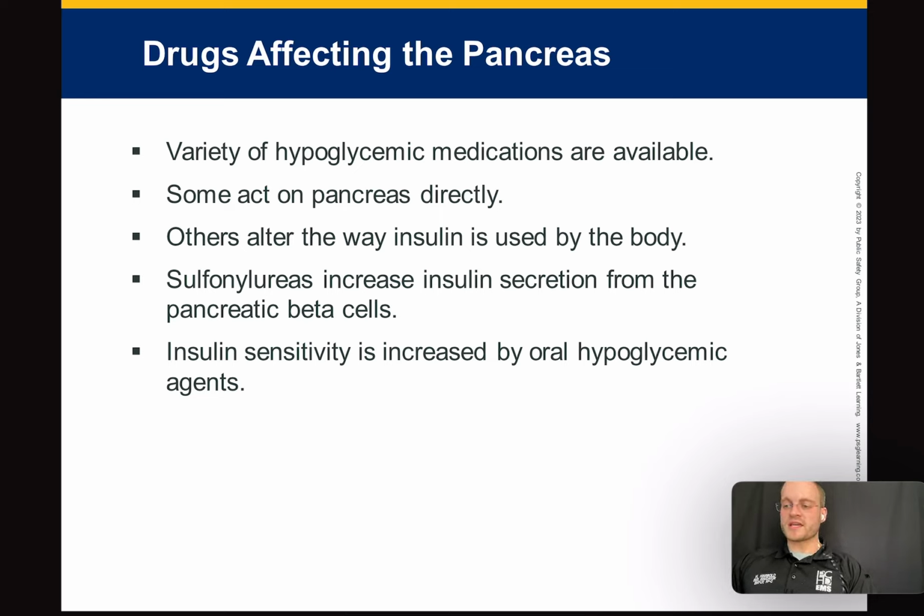That's probably an example that's pretty common. Okay, sulfonylureas, that's an even better example. Sulfonylureas are a prescription drug that people take by mouth, and basically what it does is it tells the beta cells in the pancreas, remember, beta cells produce insulin, to release more insulin, release it quicker, faster, be better at your job. So that's what sulfonylureas do.